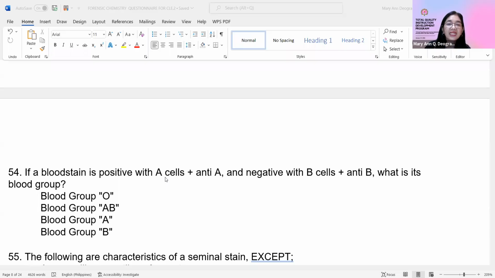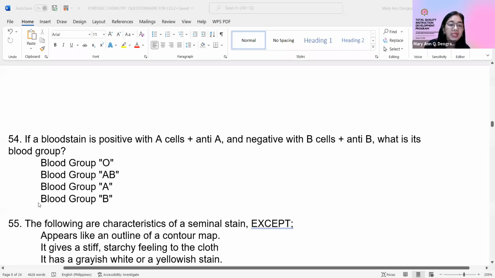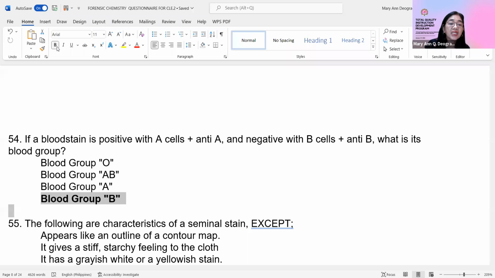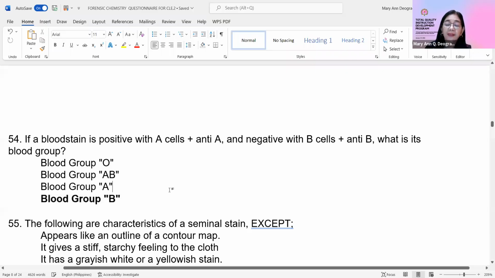If a blood stain is positive sa A cells, negative sa B cells, so negative, that's blood group B. Okay, the answer here is blood group B. Kung saan siya negative, kasi blood stain yan, yun yung blood group.